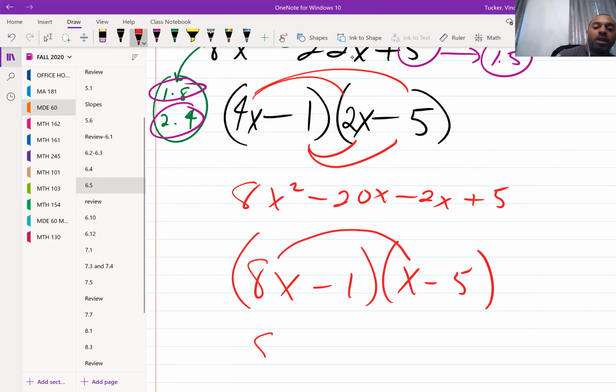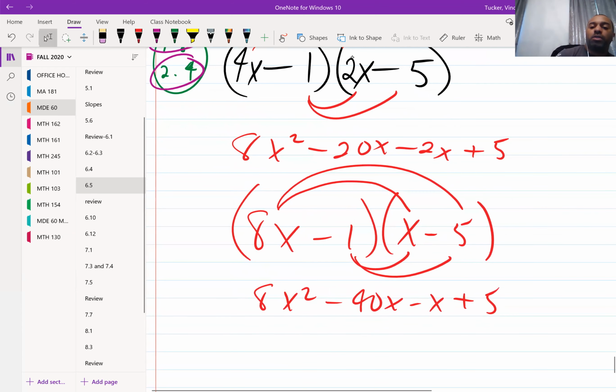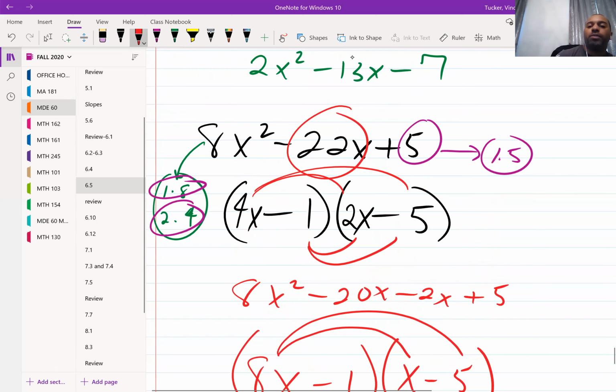So here, that'll be 8x squared, that'll be 40x, that'll be 1x, and that'll be plus 5. So you see here, we'll actually get negative 41 in the middle. And what we needed was that 22.